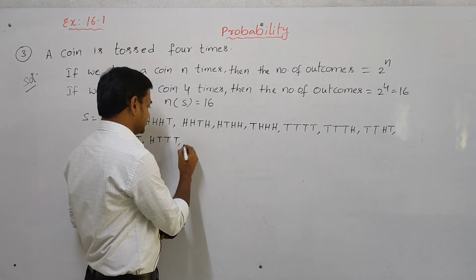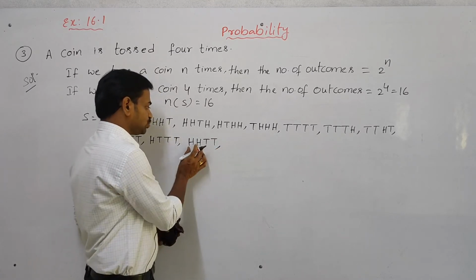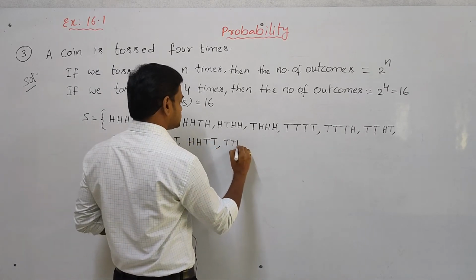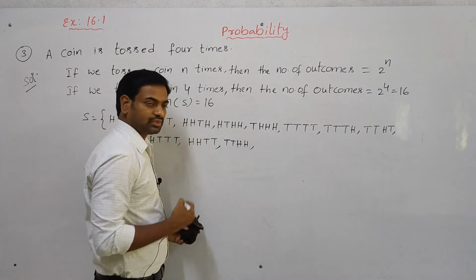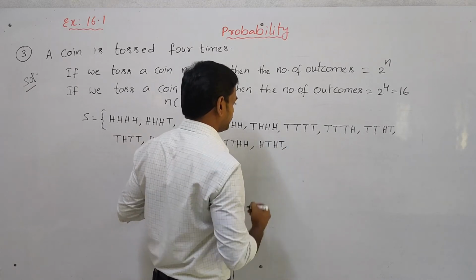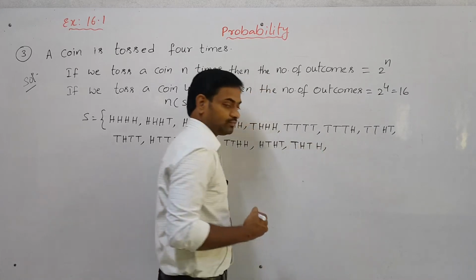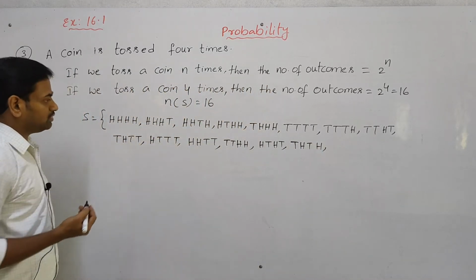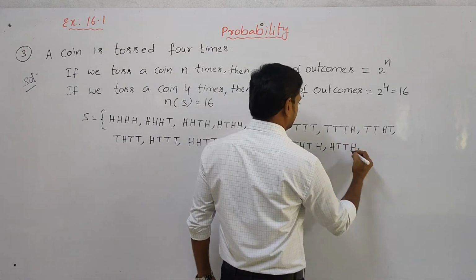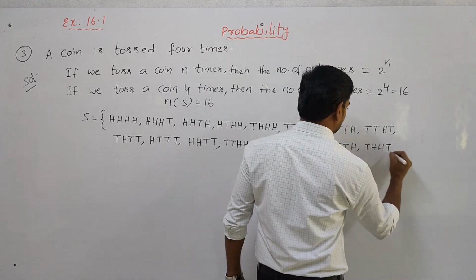So what are the possibilities? Head, head, tail, tail: first 2 heads, next 2 tails, or first 2 tails, next 2 heads, or 1 head, 1 tail, 1 head, 1 tail, or 1 tail, 1 head, 1 tail, 1 head, or one more, it is head, tail, tail, head, next tail, head, head, tail.